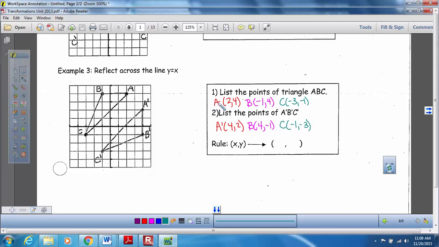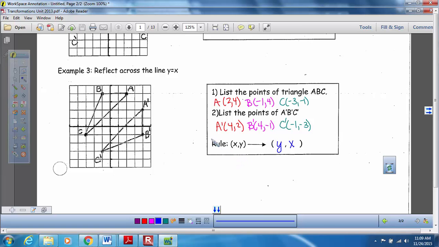Now compare your A prime, B prime, and C prime, and tell me what you notice about each. After looking at all three of these, we see that each time our x and y swap. And so the rule that we notice here is that x and y would swap positions. So it would be y and x.